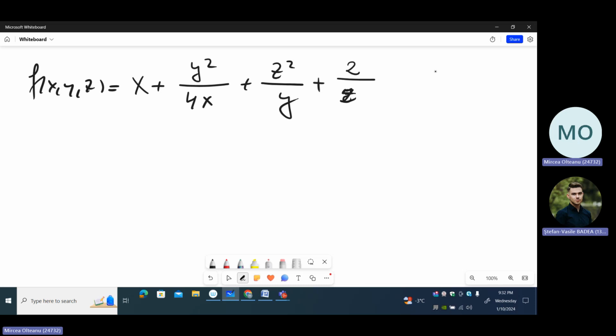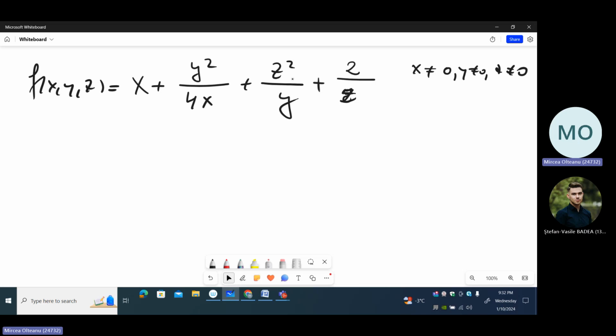Here, x, y, and z must be different from 0. So let's check again: x plus y squared over 4x plus z squared over y plus 2 over z.